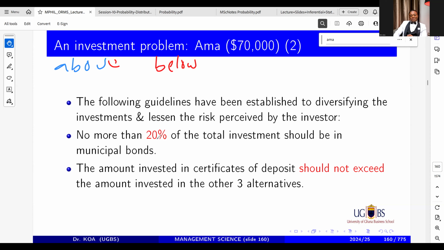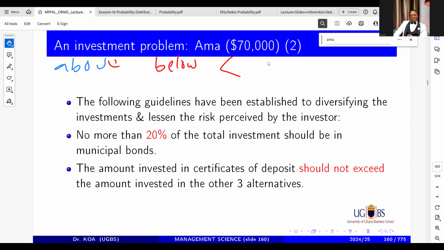Now, let me ask you, what is the opposite of less than? You can type it or you can say it. Roberta says greater than.